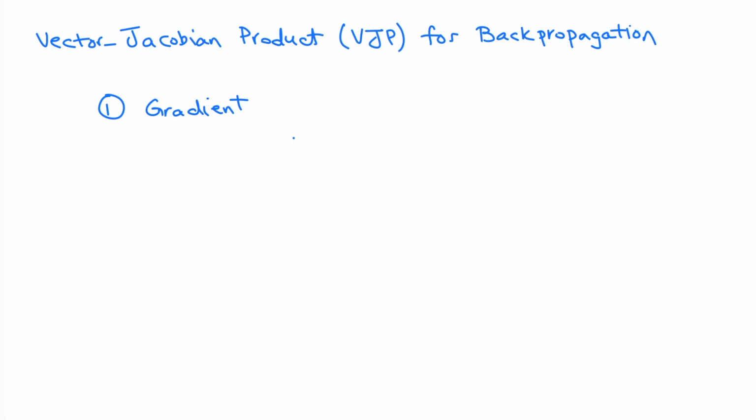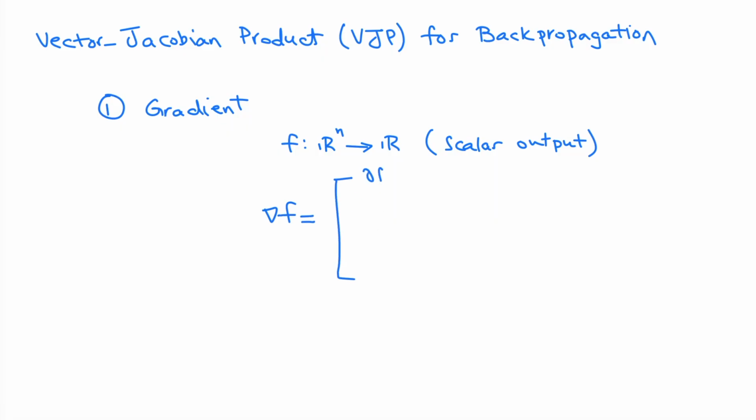So what is gradient? Gradients are basically derivatives when we have more than one independent variable. Let's say you have a function f that maps Rn to R, meaning that we have n independent variables and one output or dependent variable, or in other words, we have a scalar output.